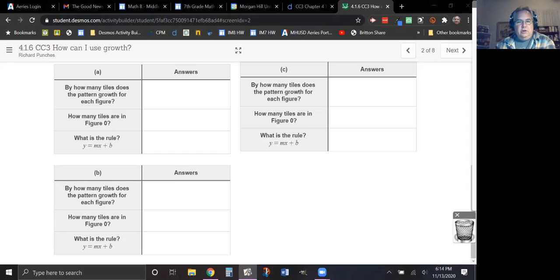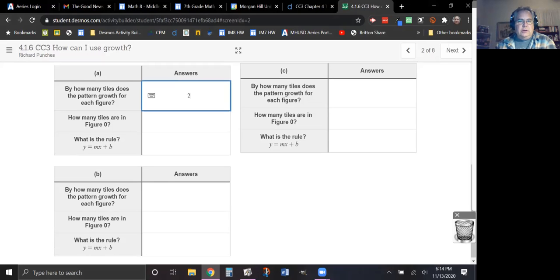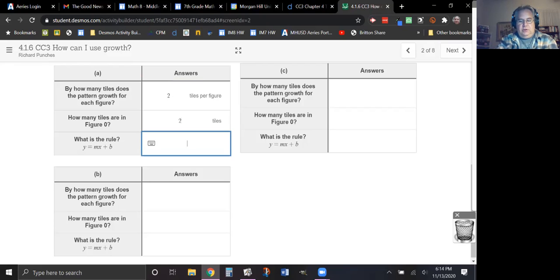We know that it grows by 2 tiles for each figure. How many tiles are in figure 0? 2. And then my rule is going to be y equals 2x plus 2.